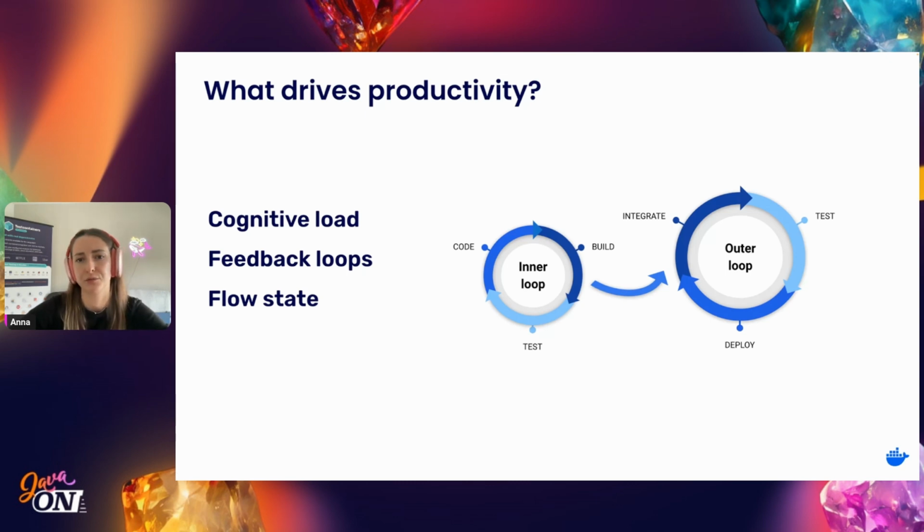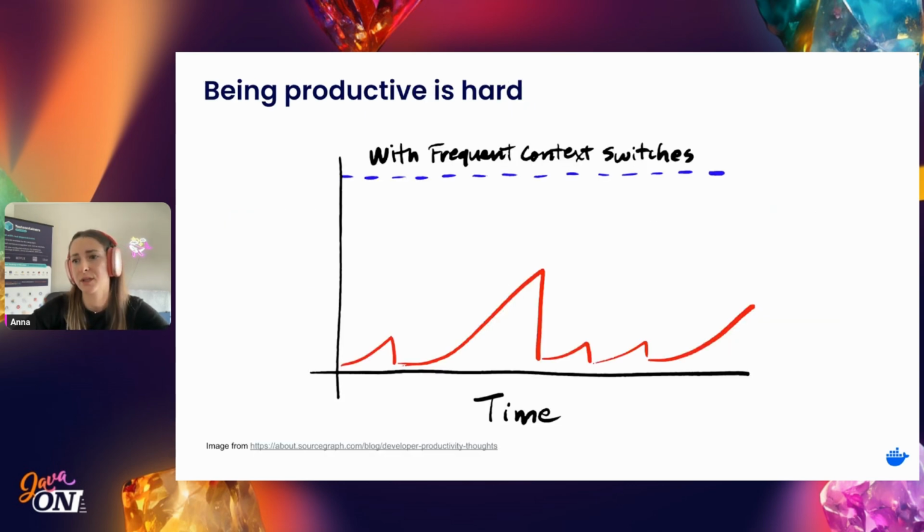And if you need to wait for it, for example, push it to another pipeline stage, wait for a couple of hours, or even less than an hour, but still you have to wait, you will switch to another task. Then you get the feedback about your initial task validation. And if there are some issues, you need to switch and fix them. So you are always in this context switch, which means that being productive is hard nowadays.